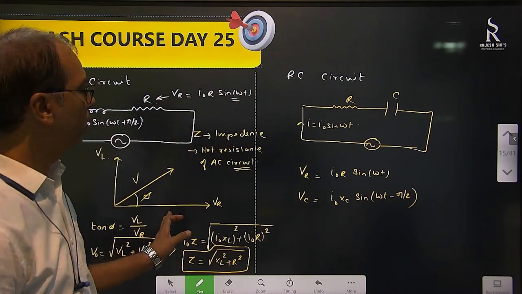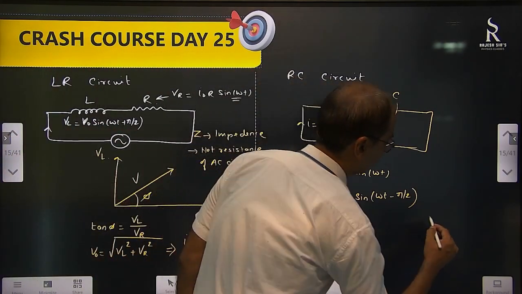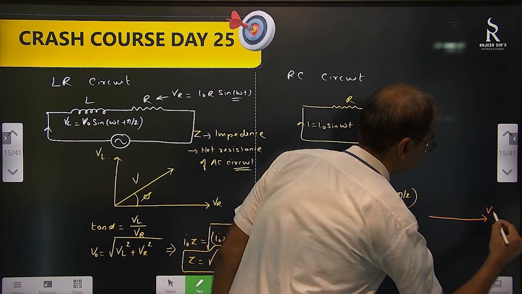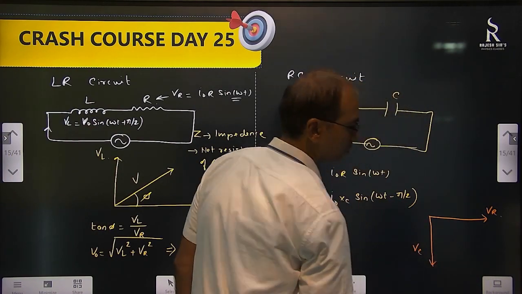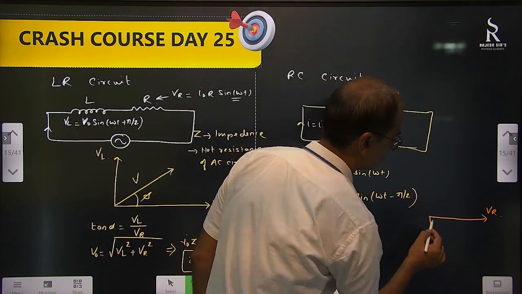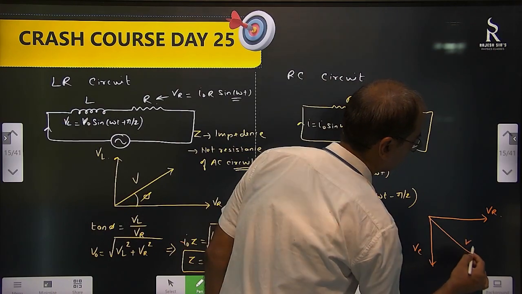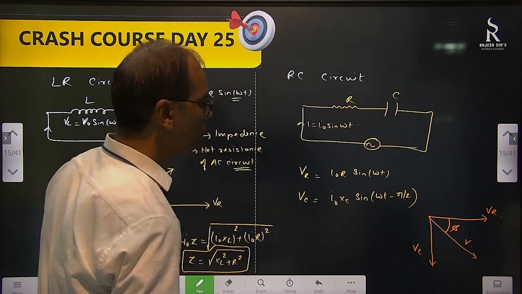So in this one the graph is like this, but in this one the graph changes. Here is VR, and here is VC. And the resultant is this. This is V, and this is the phase.